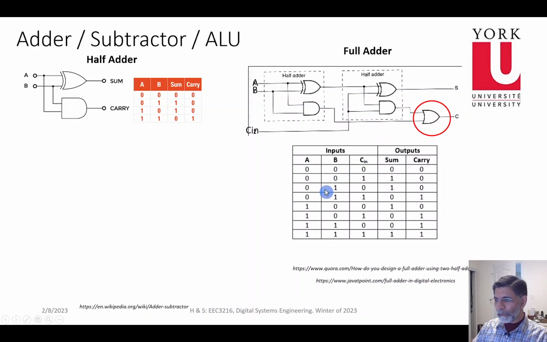A and B are going from 0 to 3, and C is going from 0 to 1, so a total of 8 combinations. Basically we go from 0, 1, 2, 3 all the way to 7. And that's what you would be expecting from a full adder.